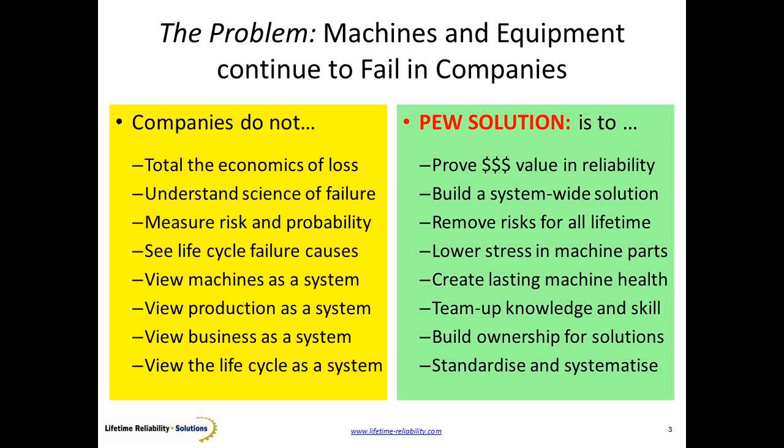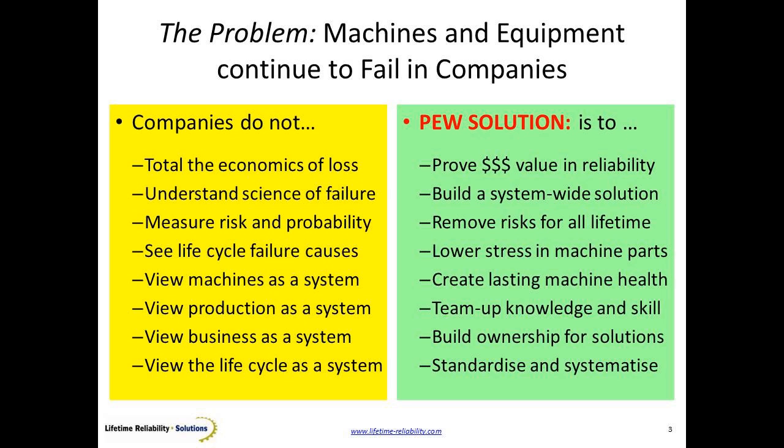So yes, we still have machines failing even after 100 years of engineering knowledge and improvement, fully understanding what to do. Now, the physics of failure explains why things break and how to stop them breaking, yet that is not getting into companies. So companies, in my eyes, do not understand the total economics of loss.